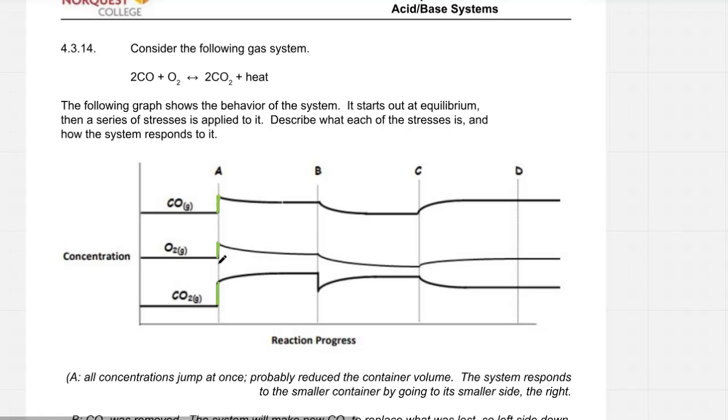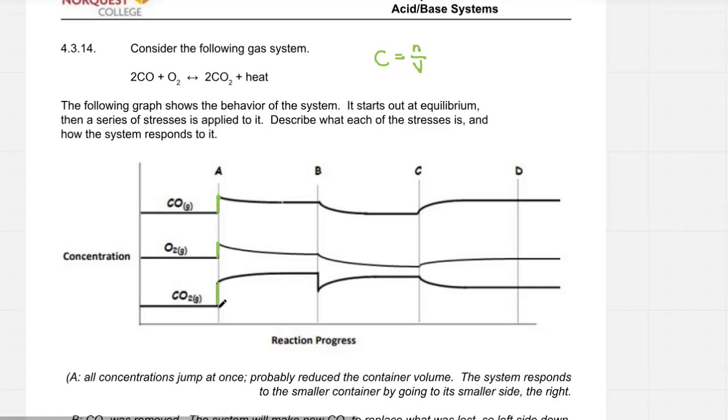There's a couple of ways this could happen. One of them is we just opened the system and injected all three gases into it all at once so that the concentrations all jumped simultaneously. That is possible. Another explanation, though, if you think about it, concentration is the number of moles of something divided by the volume it's in. So we could have increased the number of moles, or the other way you could get a higher concentration is drop the volume.